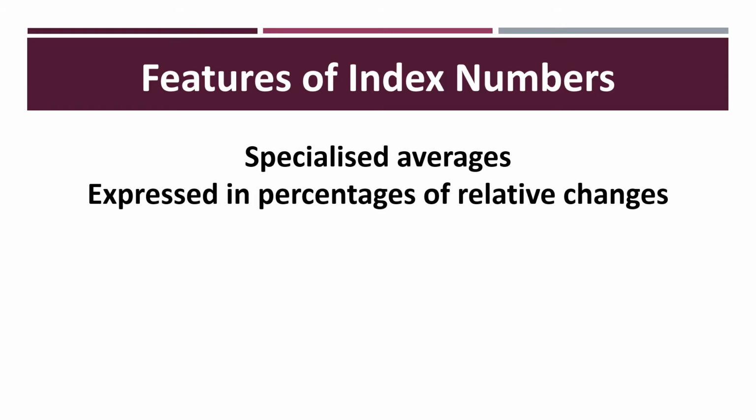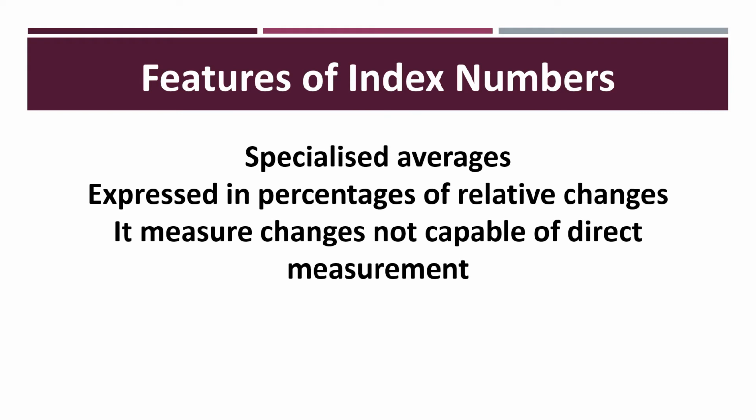Then these index numbers are expressed in percentages of relative changes, but the percentage sign is never used. And the index numbers measure changes that are not capable of direct measurement, for example, the price level, economic activity, or the cost of living. These are not capable of direct measurement, but we find the changes in these phenomena using index numbers.